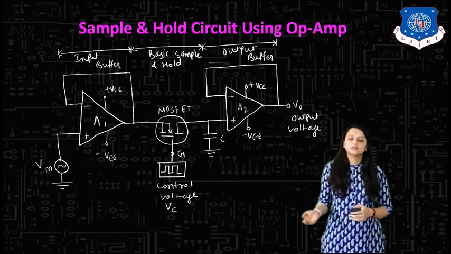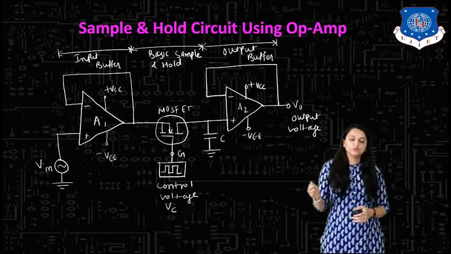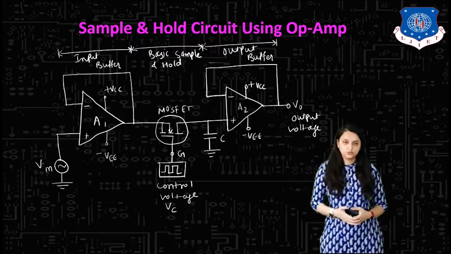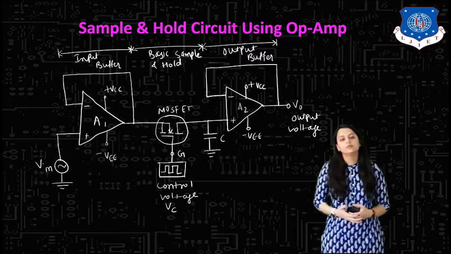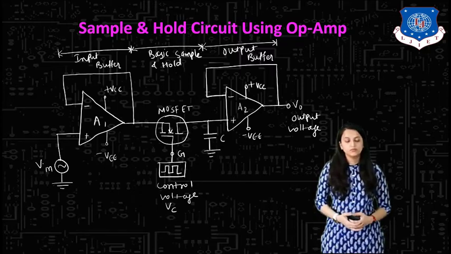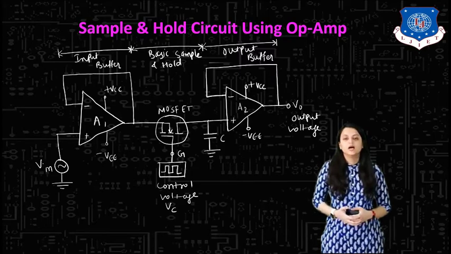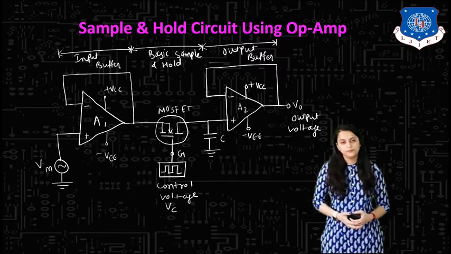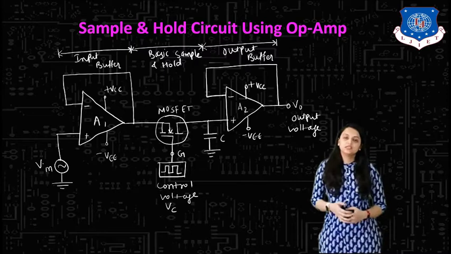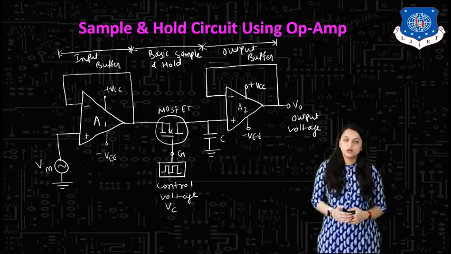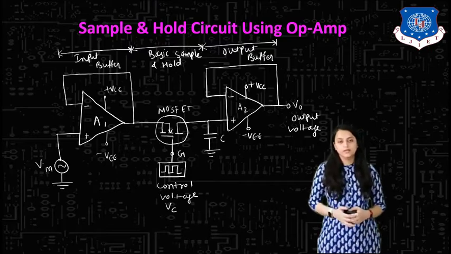Next, the output of this switch is given to the positive terminal of the last stage amplifier, that is A2, which is again an output buffer amplifier. So the two amplifiers which are used are basically buffers only, and the biggest role in this circuit is of the MOSFET, which acts as a switch according to the control voltage provided.